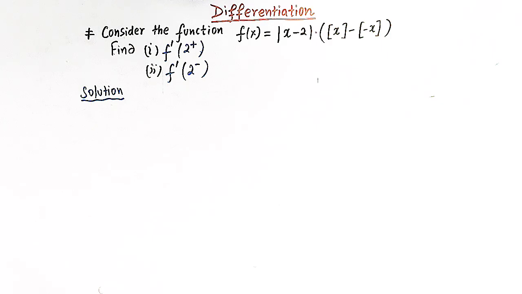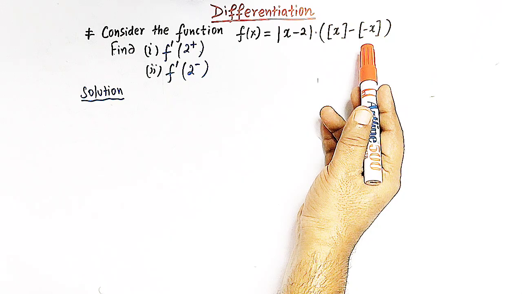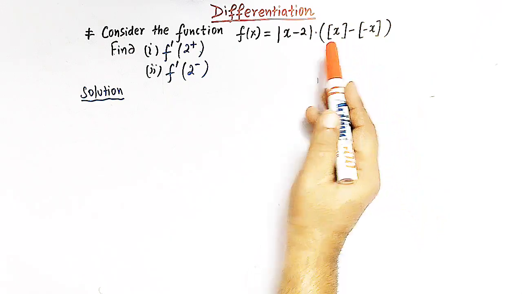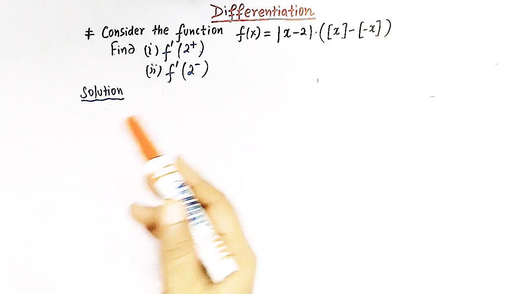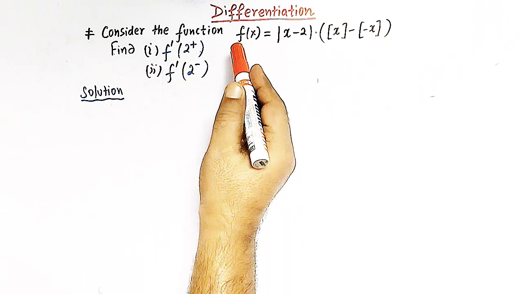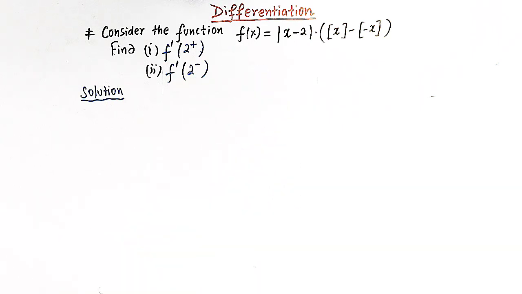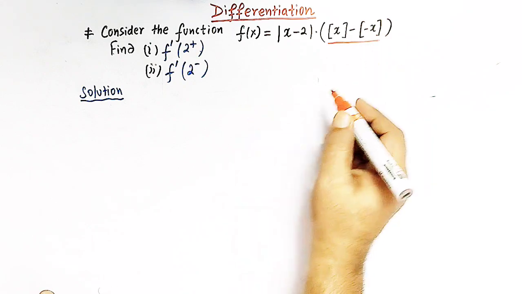So let us first see the important property of the greatest integer function, which helps us modify this function f of x, and then we'll find the left hand derivative and the right hand derivative of this function f of x at x equal to 2. So let us start.